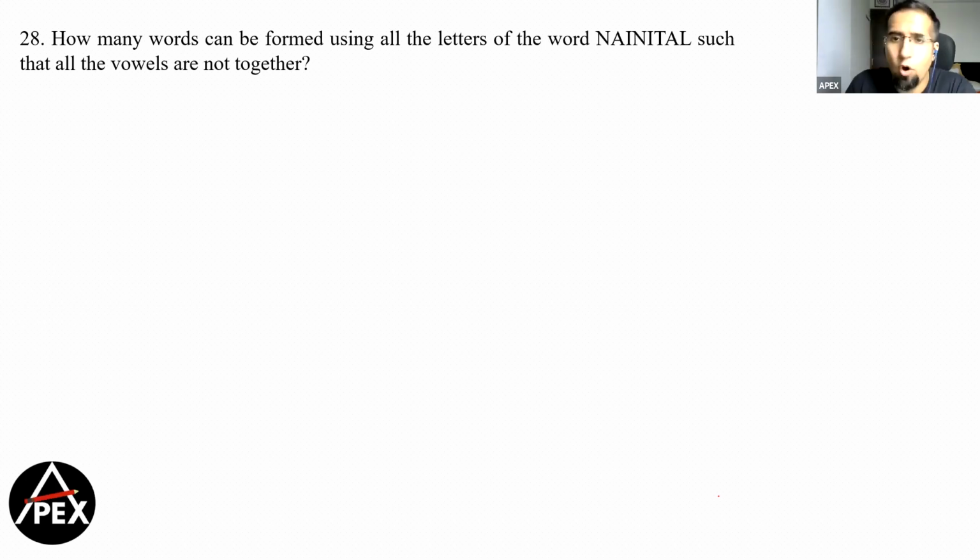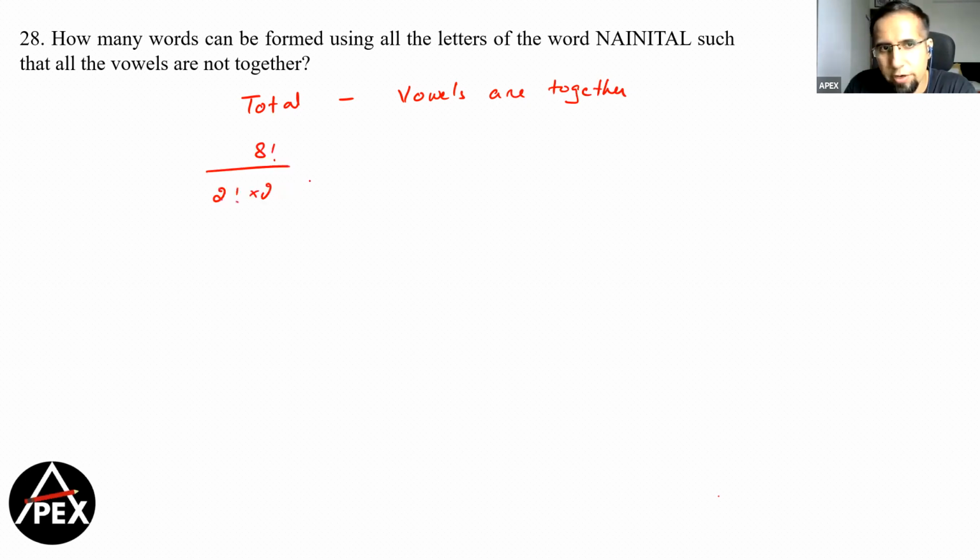If all the vowels are not together, I repeat, all the vowels are not together, it would be the total number of arrangements minus the number of cases where vowels are together. So the total number of cases is going to be 8 factorial by 2 factorial into 2 factorial into 2 factorial, minus the vowels being together.